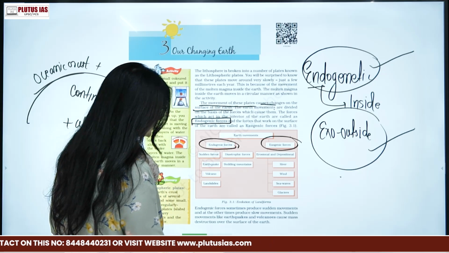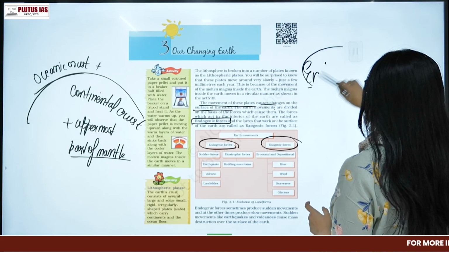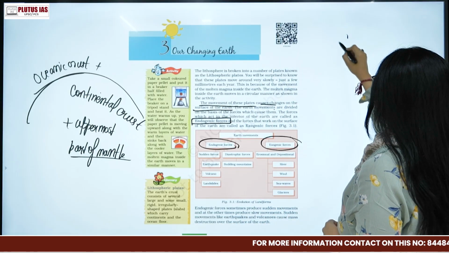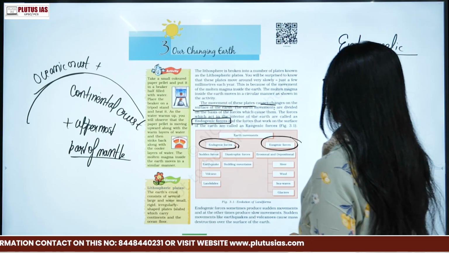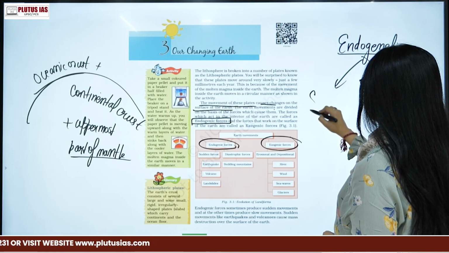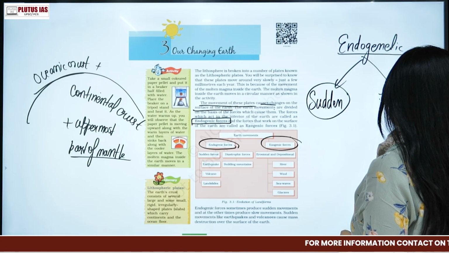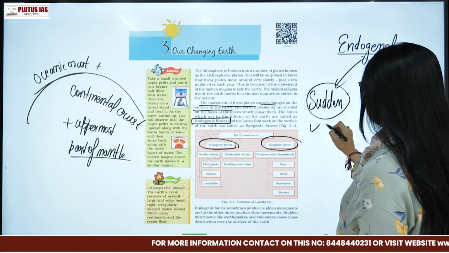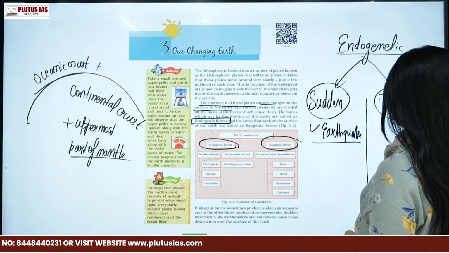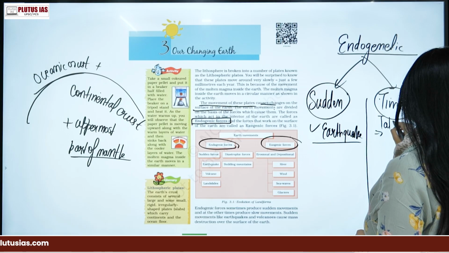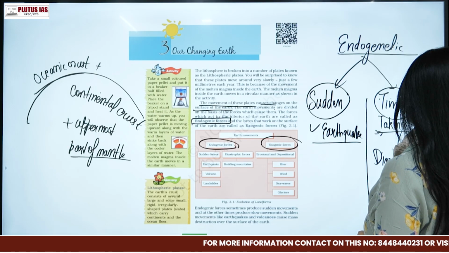For example, we'll discuss examples now. In endogenic also we can divide the process into two parts: the process which happens suddenly and the process which takes a lot of time. The sudden events are earthquakes, volcanoes, landslides, etc. But the time-taking processes are known as diastrophic forces.